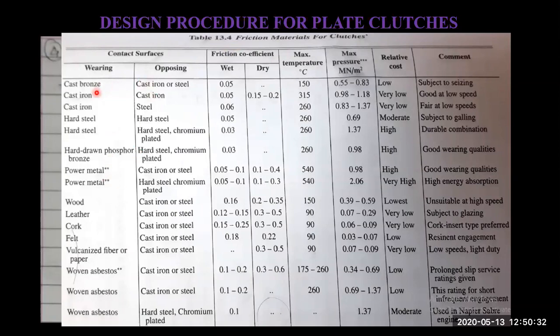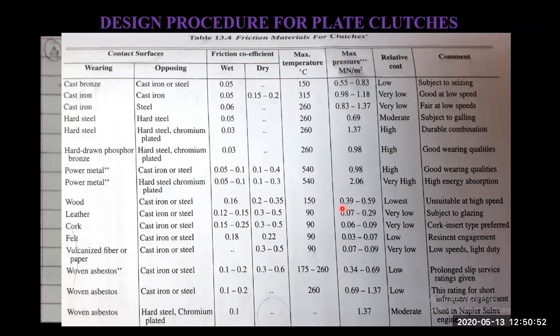Depending on the contact surfaces, whether the surface is wet or dry, and depending on temperature, you have maximum pressures here in meganewton per meter square, which is nothing but newton per mm square. So this is pressure. This value you need to extract.